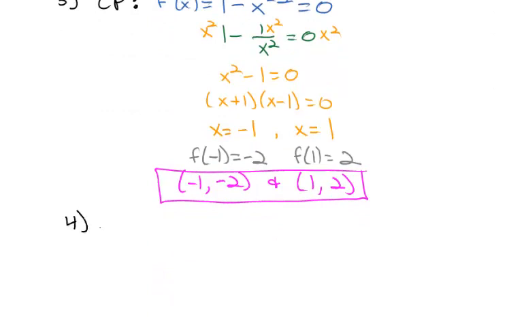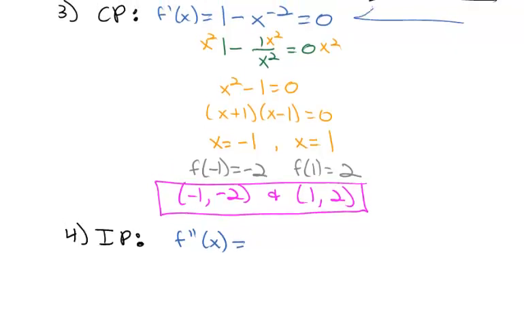Finally, the last thing to find is the inflection points, which is when the second derivative equals 0, f double prime of x. Scroll up a bit so that we can see f prime of x, sorry. The derivative of that is going to be positive 2 x to the negative 3 equals 0. And if we simplify that, the x to the negative 3 moves to the bottom.